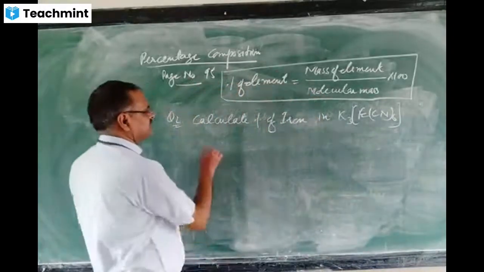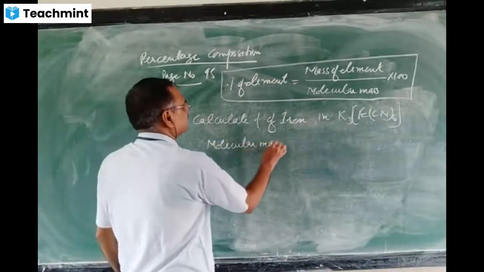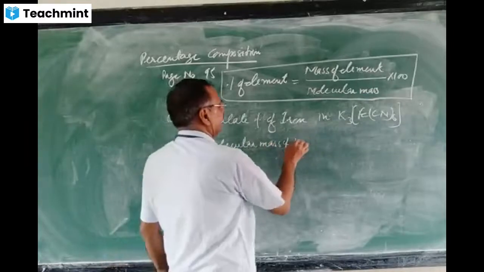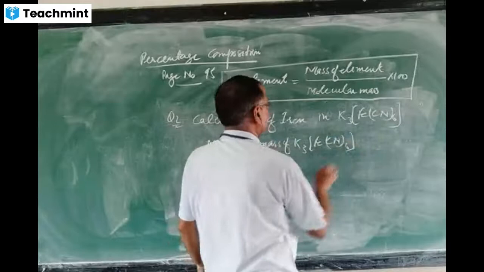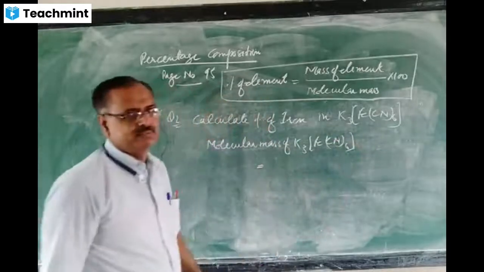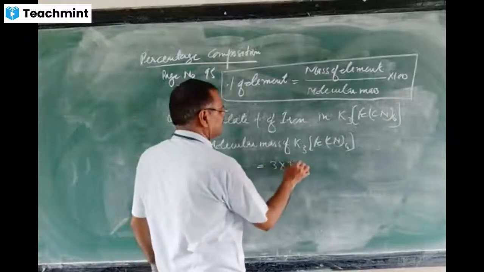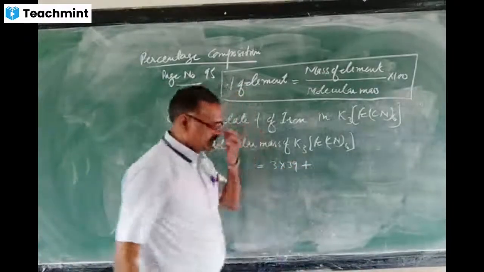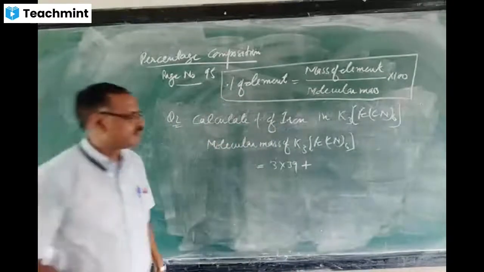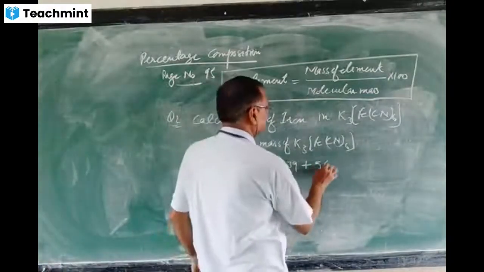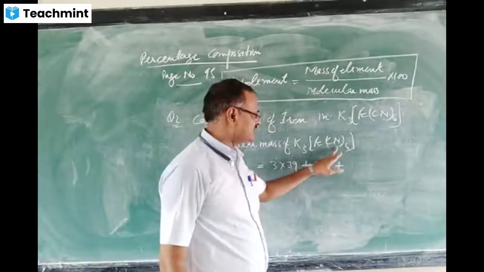So find out the molecular mass of K3[Fe(CN)6]. Potassium atomic mass is 39, so 3 into 39. Iron atomic mass is 56. And then here you see carbon, 6 atoms are there.